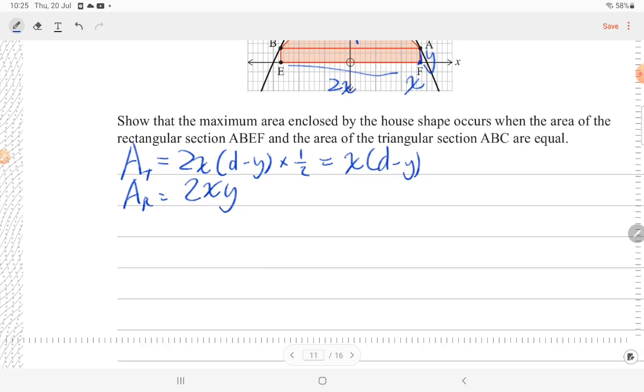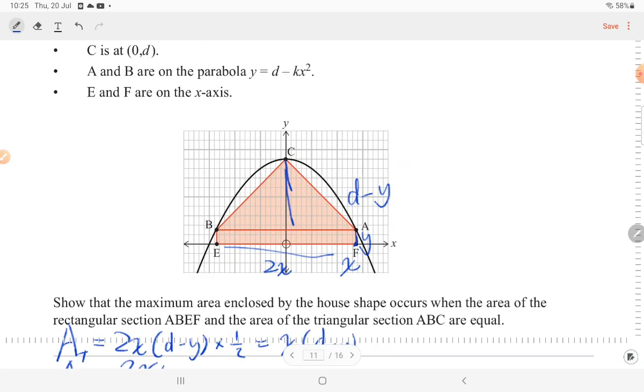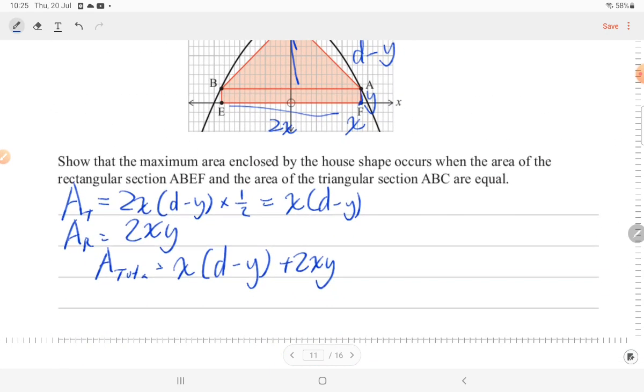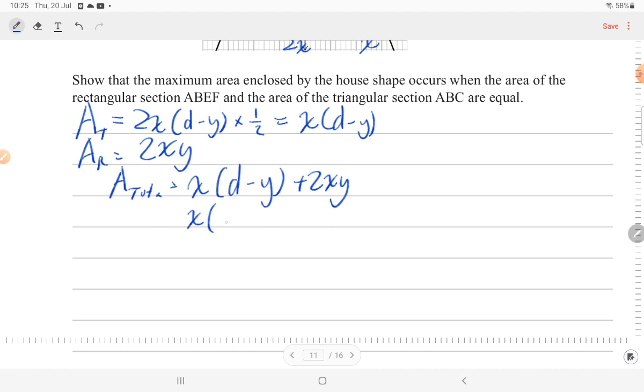So area of the total is equal to x of d take away y plus 2xy. We can plug in y equals d take away kx squared. So x of d take away kx squared plus 2x of d take away kx squared.